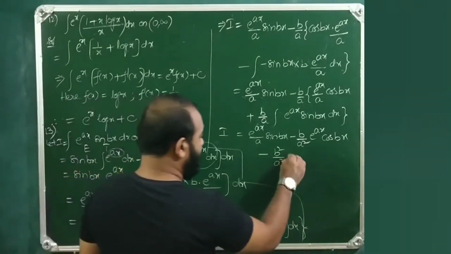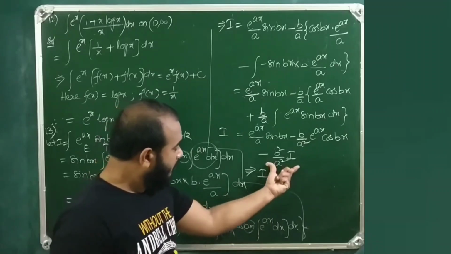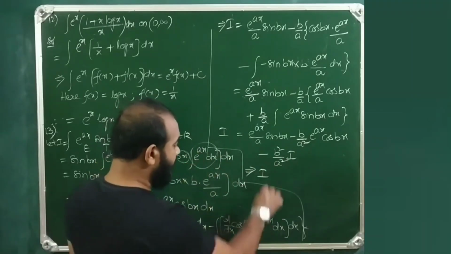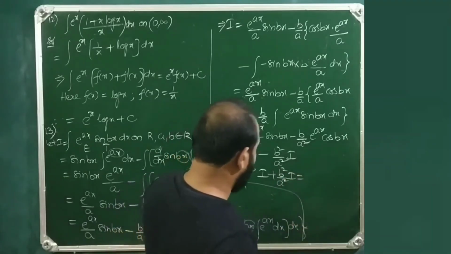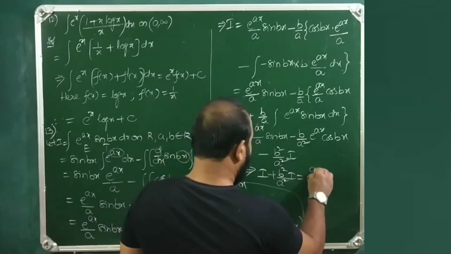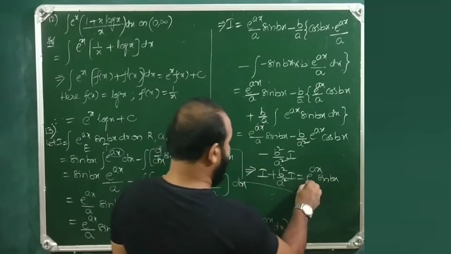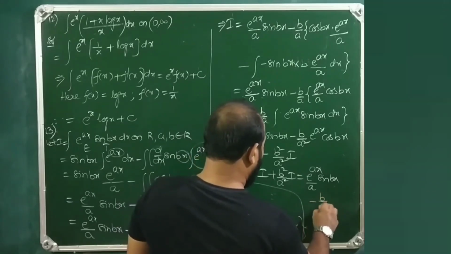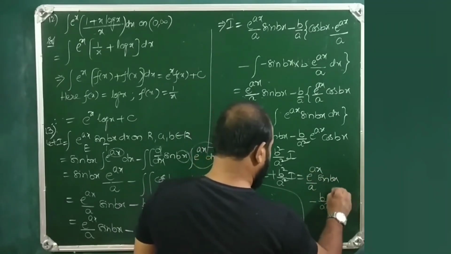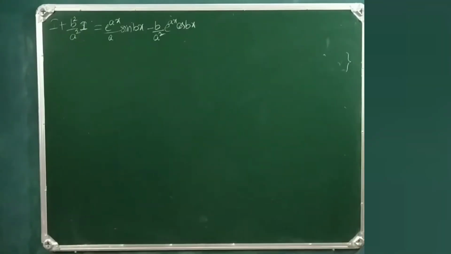So this is equals to I. If you take this term to this side, I plus b square by a square into I is equals to e power ax into sin bx by a minus b by a square into e power ax into cos bx. So this is what we have got.